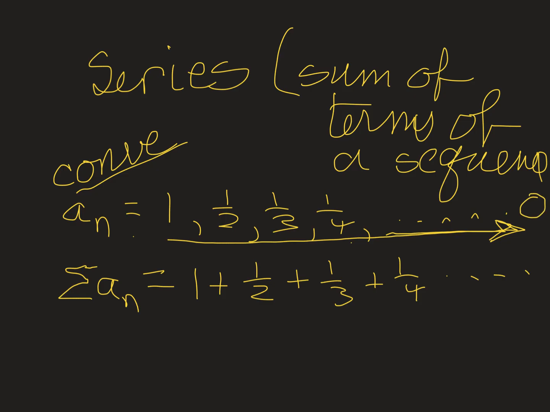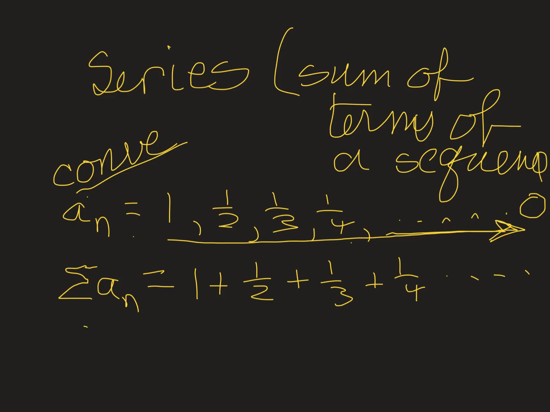And so 0 is the limit as n goes to infinity. You know, that's sort of what the last term would be if you could get to it. And that's convergent. Divergent would mean they don't approach any specific number.